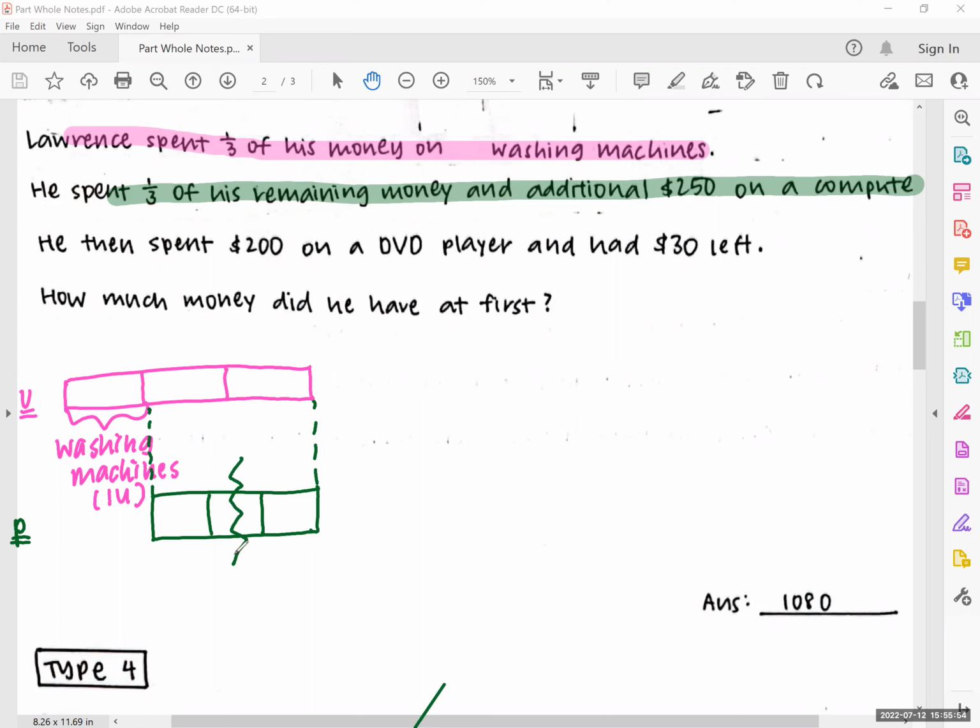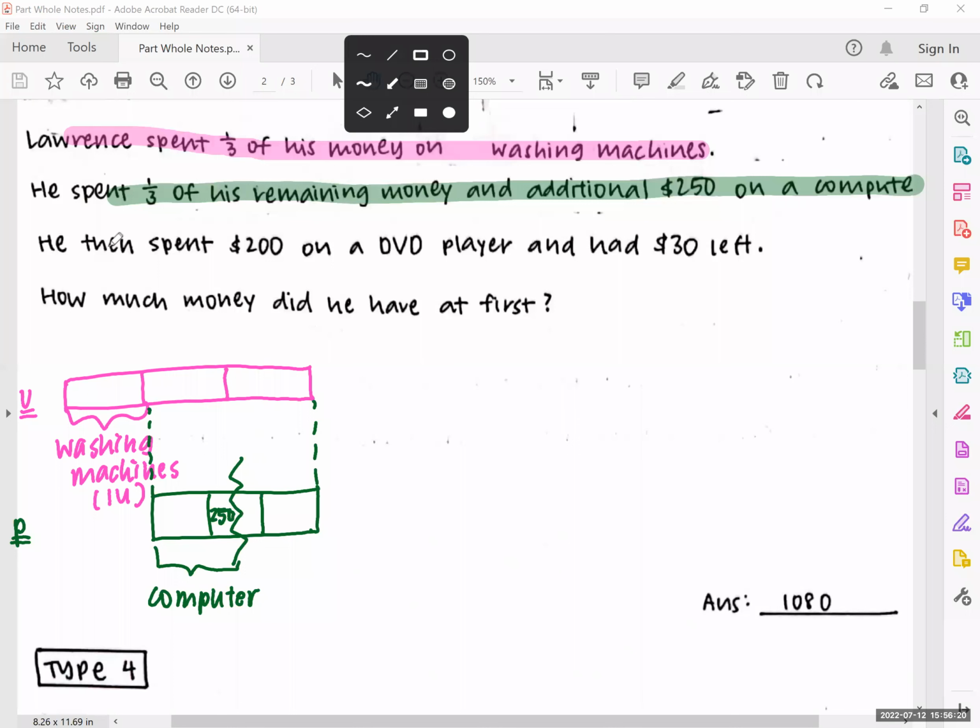So I put a zigzag to remind myself that $250 is part of it. It's not one full unit, it's part of it. So I just put 250 in this zigzag corner. And I know that this whole thing is actually my computer, which is 1 part plus the $250. Clear so far? Now, let's continue.